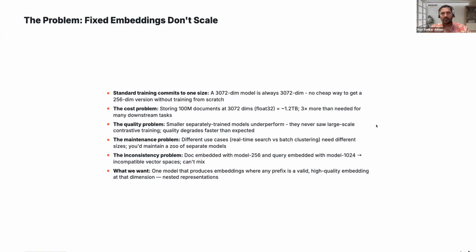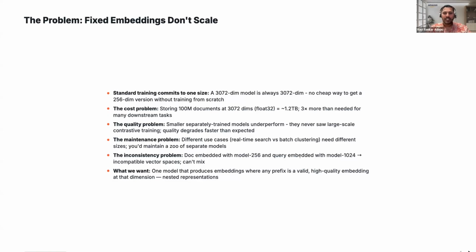They never actually got the benefit of bigger training. Also you end up maintaining a large number of different size models for different use cases. And if you embed your documents with one size and you query with another, the vectors don't even live in the same space. They're incompatible.